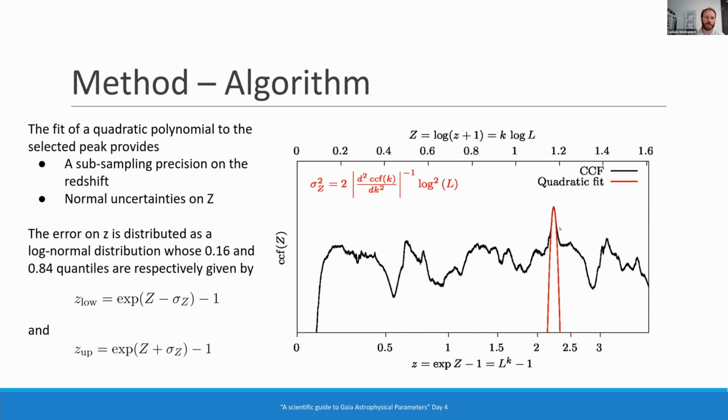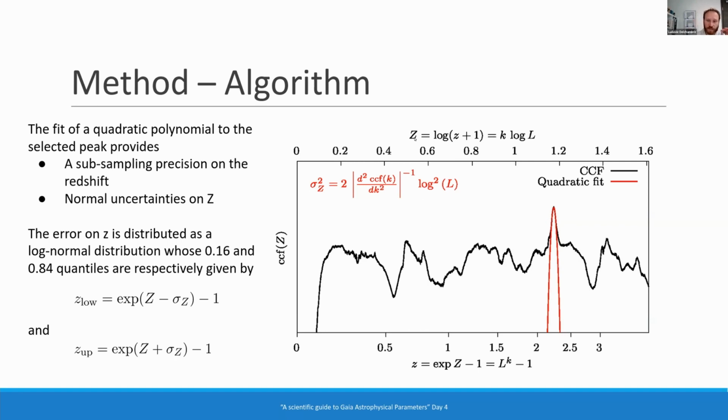This allows us to have a subsampling precision on the redshift, but also to derive the uncertainties on the logarithmic redshift. Basically, this is simply the asymptotic normal property of the maximum likelihood estimators, which tells us that the uncertainty on the parameters, here K or Z, with simply a scaling factor between them, is inversely proportional to the local curvature around the parameters.